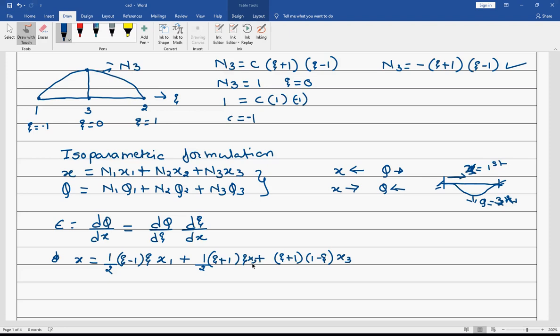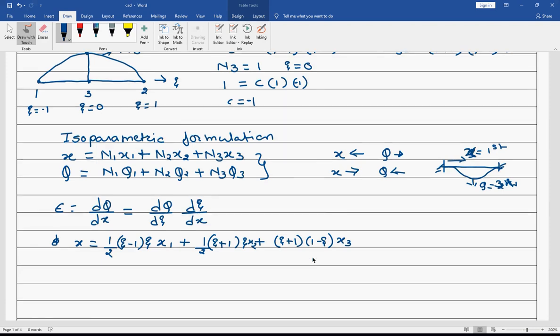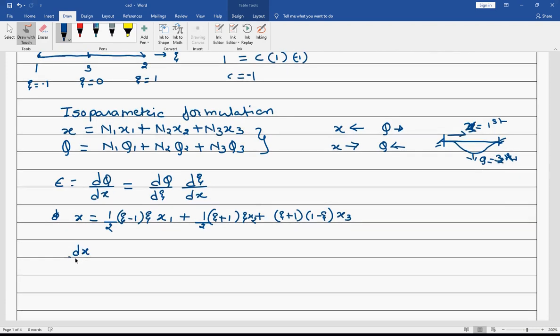Here I forgot to write x2. Clear? Now I want to differentiate this, so I want to find out dx by d xi. Just do it and let me know.